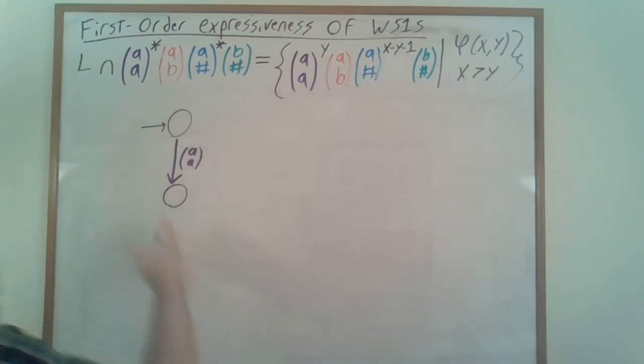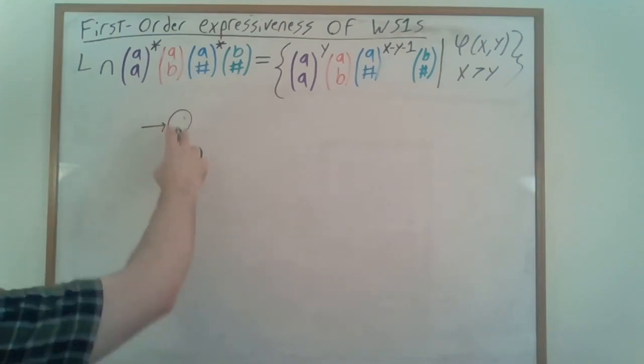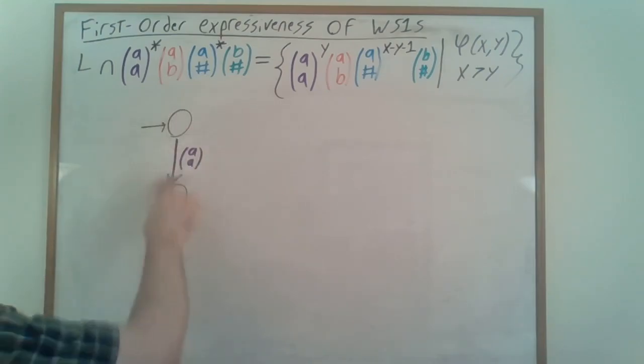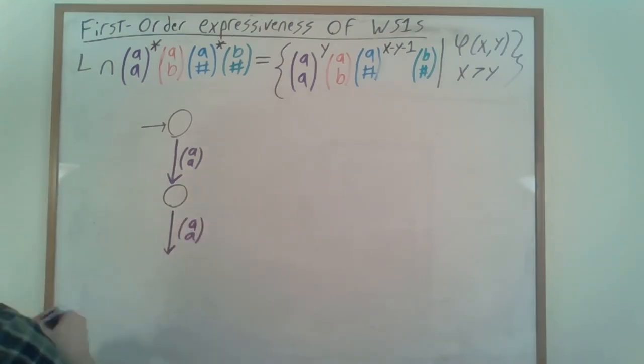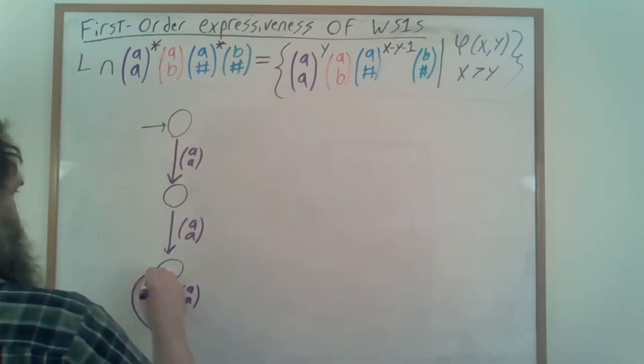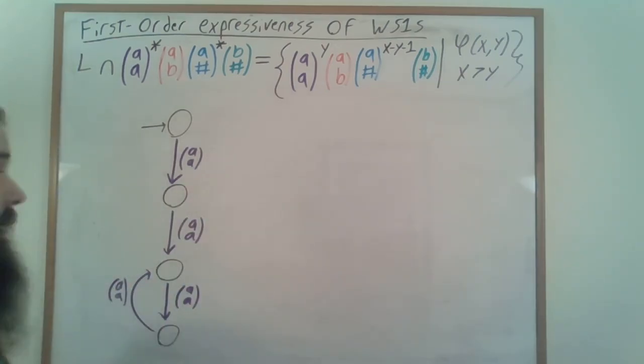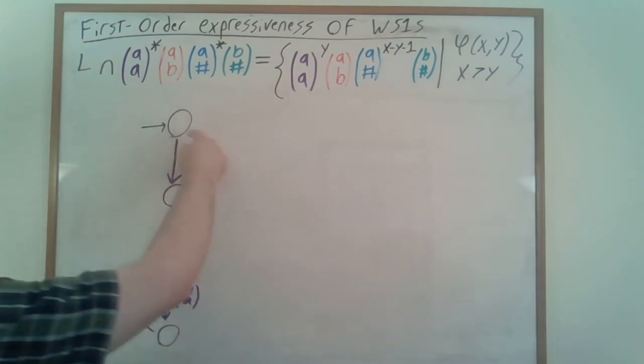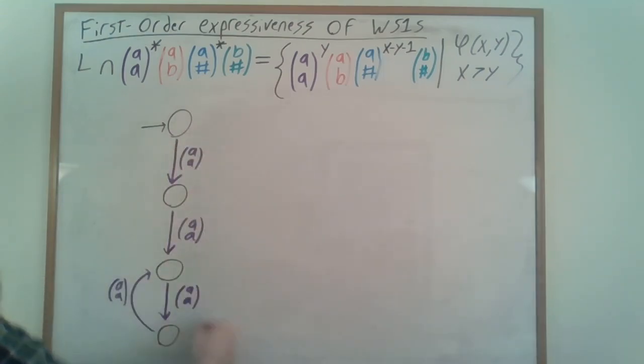One AA is going to take us to potentially another state. I guess we could loop around immediately, but let's imagine that that doesn't happen. Because this is a finite state automaton, eventually when we read enough AAs, we'll wind up getting back into a state that we already were in before, giving us this familiar path and loop configuration for this part of the automaton.